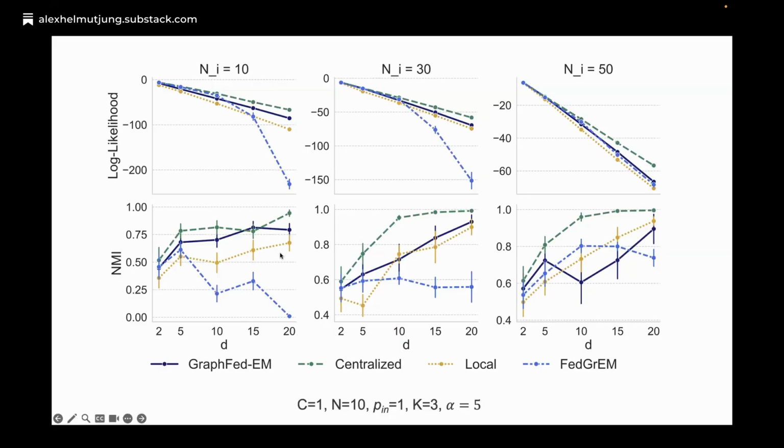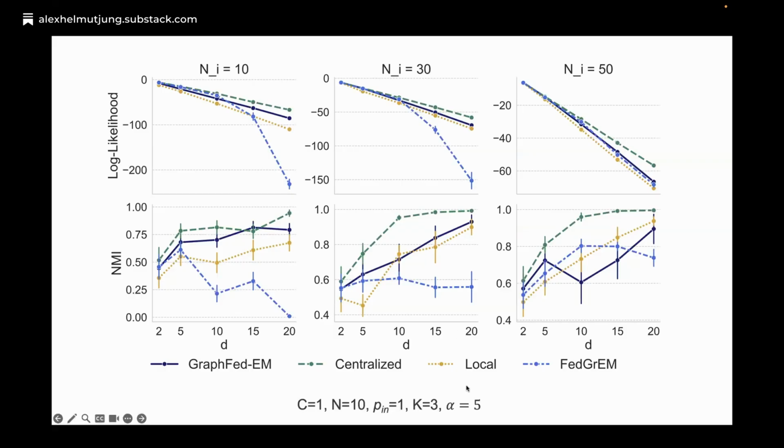When we are looking at the log likelihood, I have to first introduce the algorithms that I'm using for comparison. So I have my algorithm here, GraphFed-EM. Then we have centralized training, which is basically when we combine all the data from all of the local nodes and fit the GMM, the mixture model, centrally.